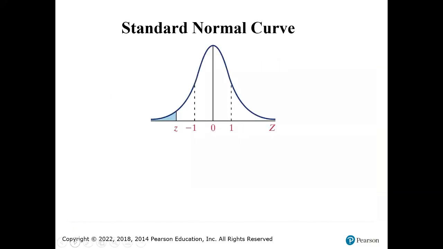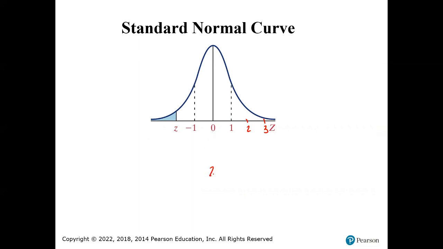So here's our standard normal curve. In the middle is 0, and you go 1, 2, 3. I always like to go up 3 and back 3. You're going to get a z value, or a z-score, and that z-score tells you if you are above or below the mean, and how far you are from the mean in terms of standard deviations.